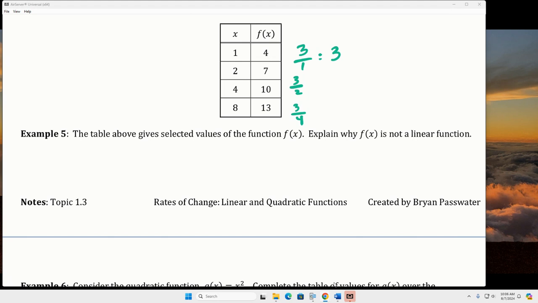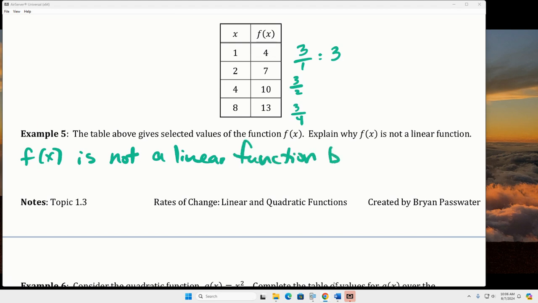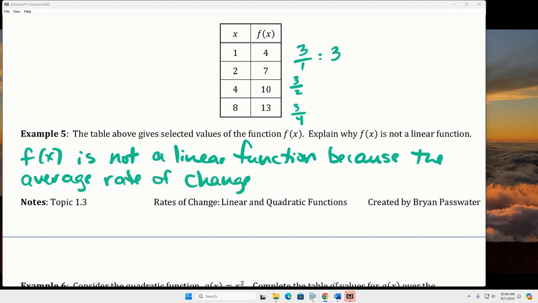And so to explain why, I would say that f of x is not a linear function because the average rate of change is not constant.